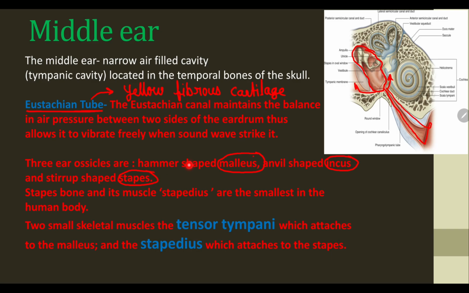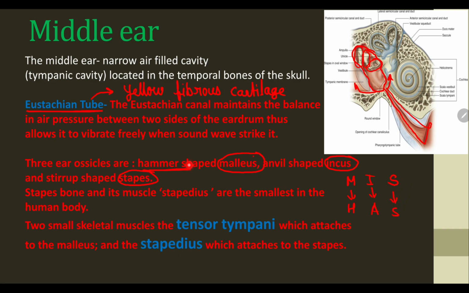Malleus is hammer shaped, the first bone in the hierarchy. The next one is anvil shaped, and this one is stirrup shaped. So malleus is hammer shaped, incus is anvil shaped, and stapes is stirrup shaped.